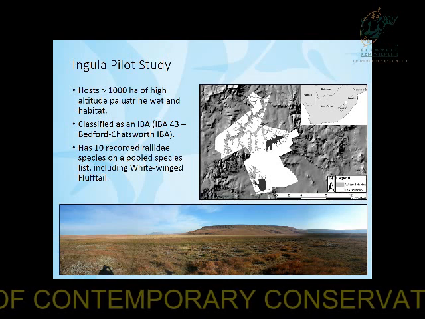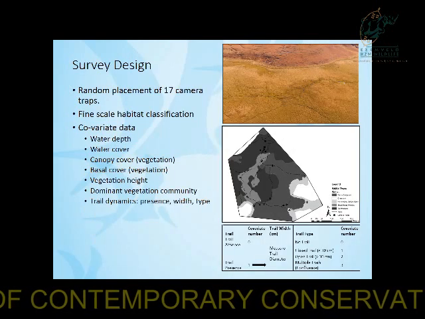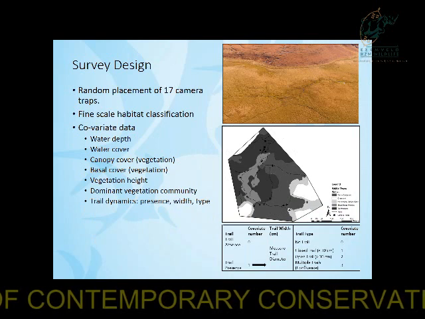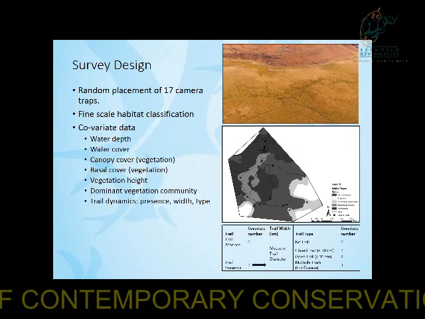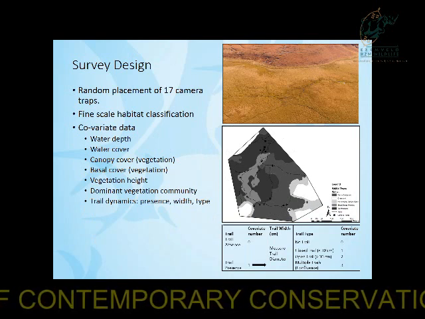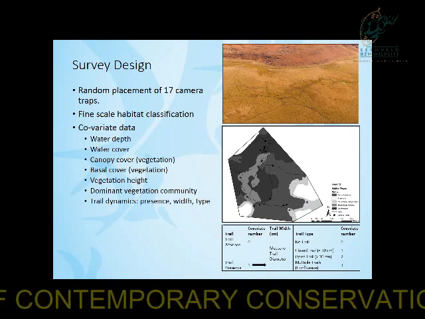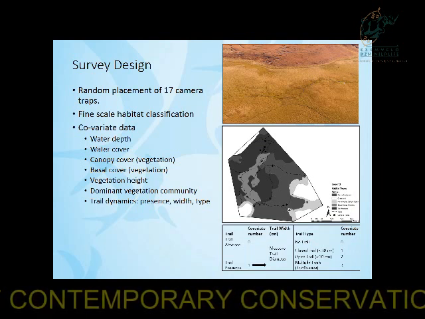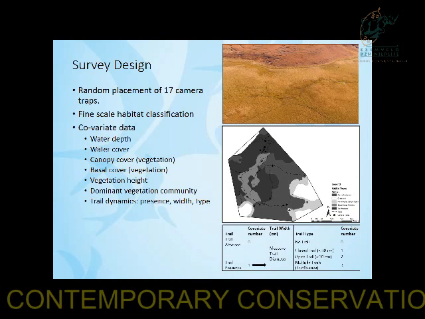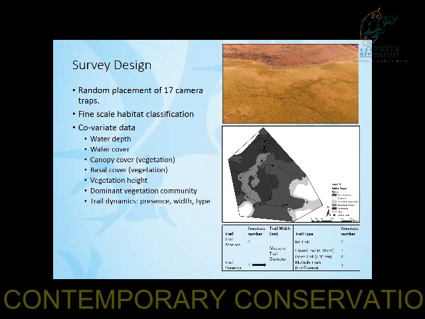The survey design, we followed the recommendations by Bibi et al. and Royal et al. 2005, which was for low-density species and or species with very small home ranges, using an intensive survey grid randomly placed across the area that represents all the dominant habitat types.